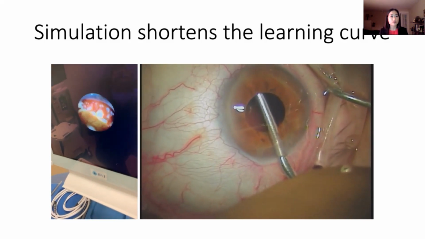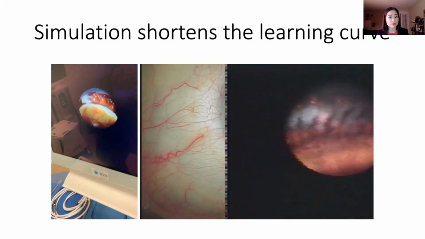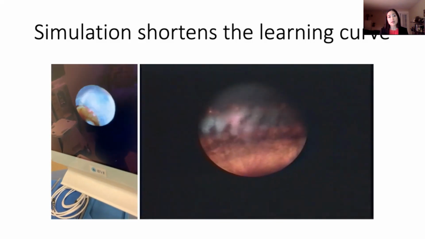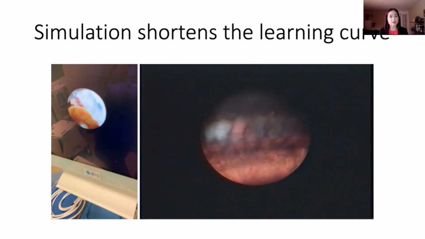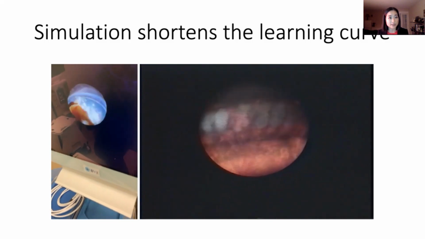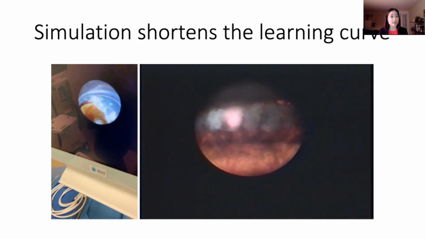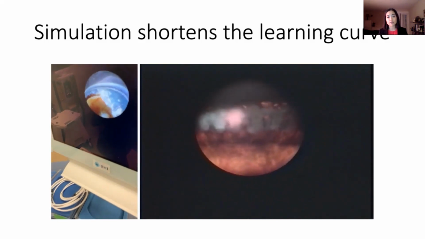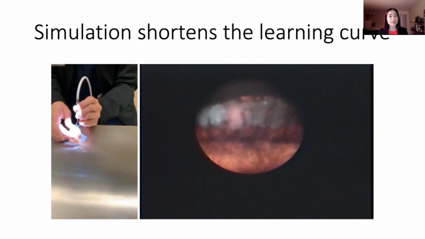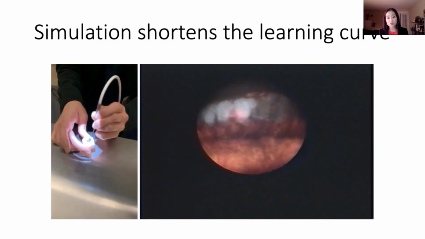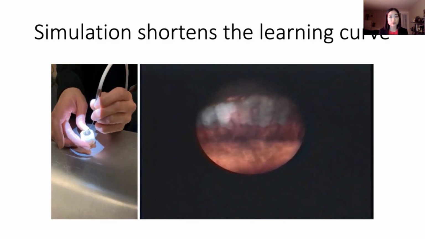It can be really useful for training residents and fellows, of course, and not only that, it's also pretty critical for training the supporting staff who need to be familiar with the setup of the machine and monitor, the pedal, and proper handling and orientation of the probe that needs to be constantly adjusted during the procedure.